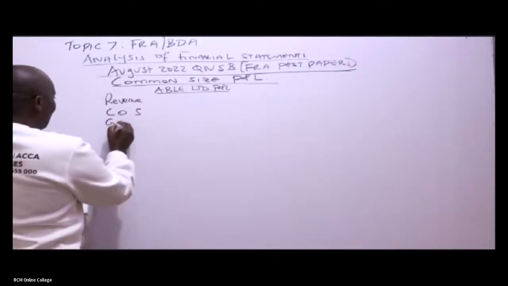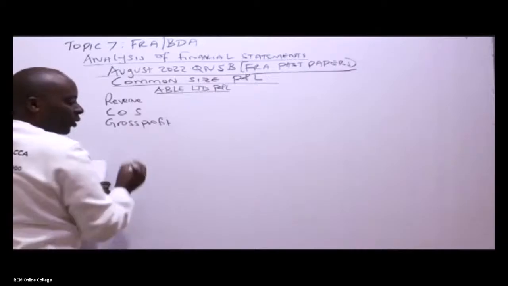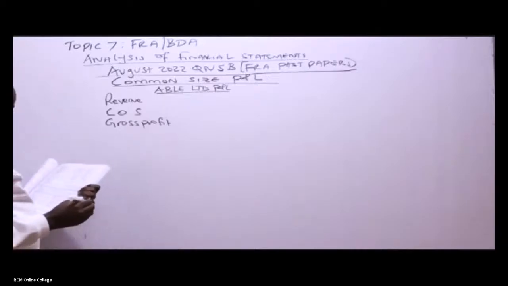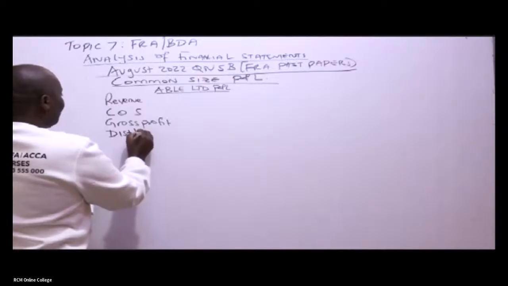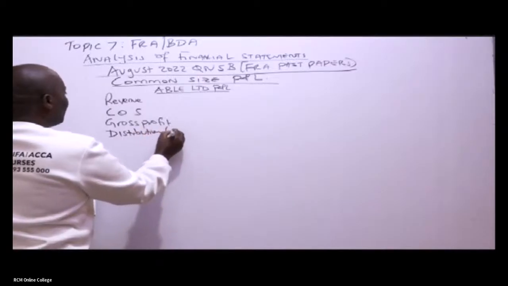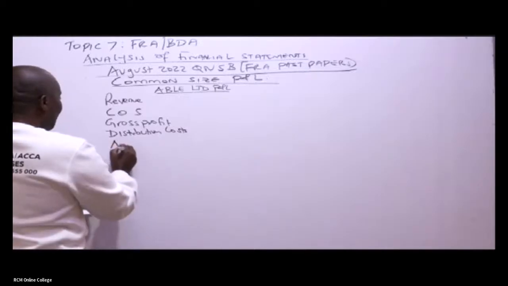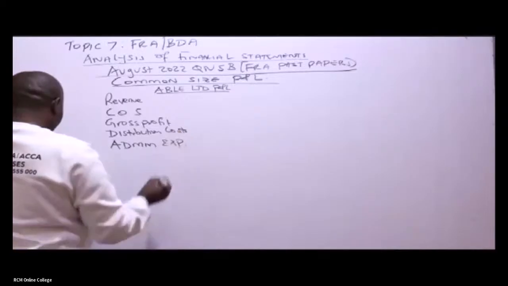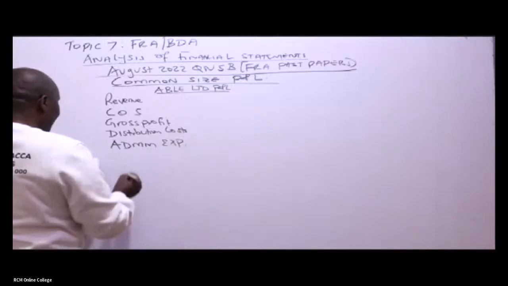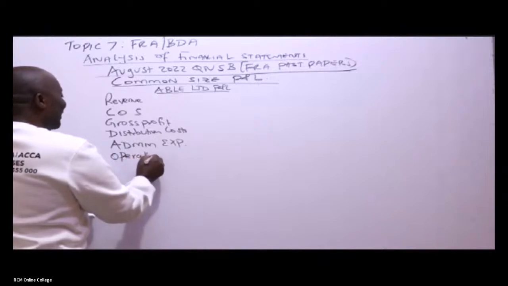We have gross profit. We have distribution costs. We have administrative expenses. We have operating profit. Of course, the BDA students are very lucky because we are not copying anything.